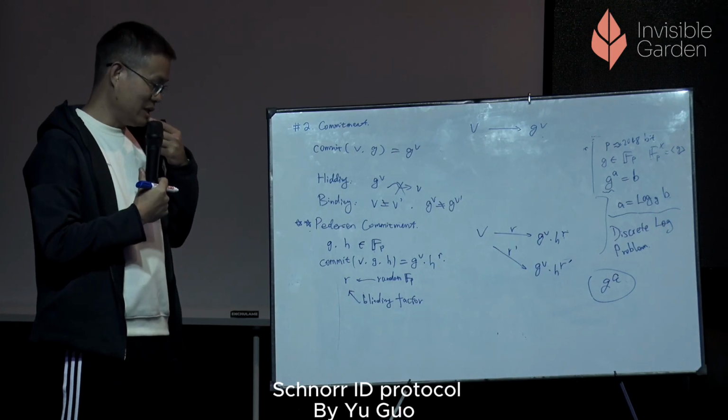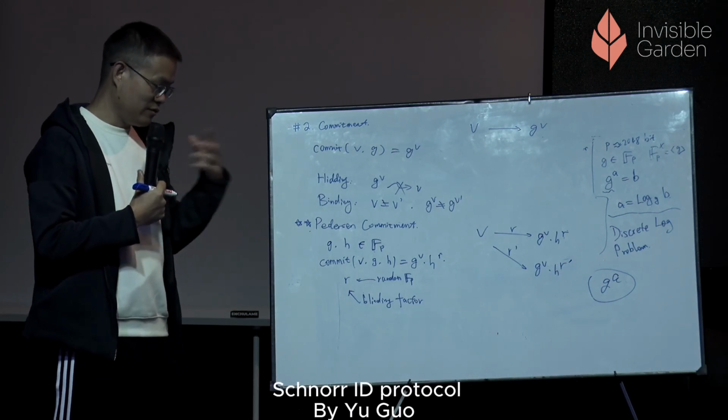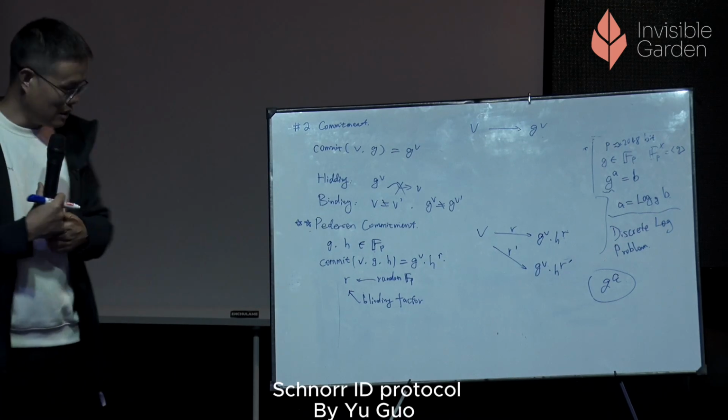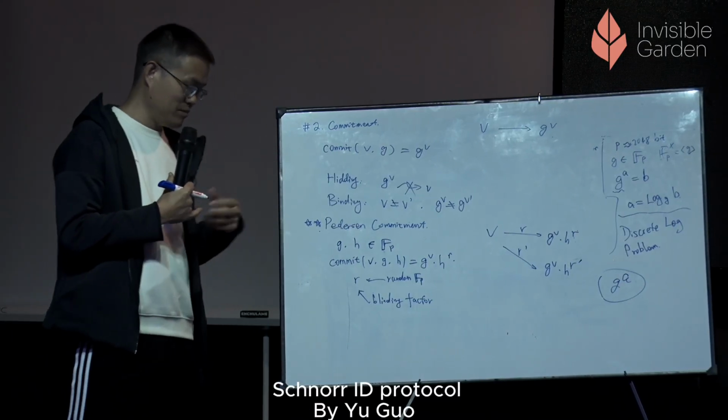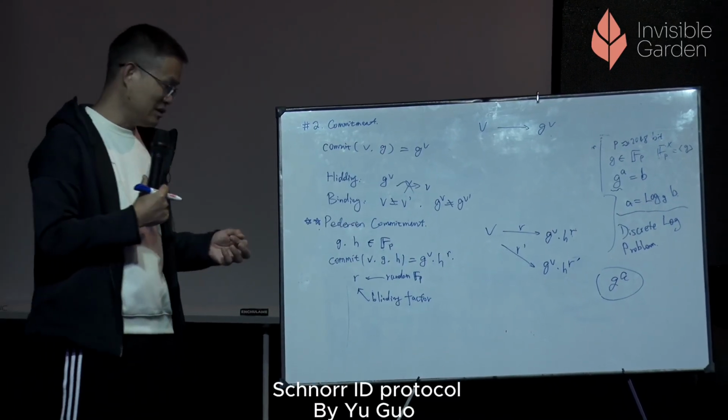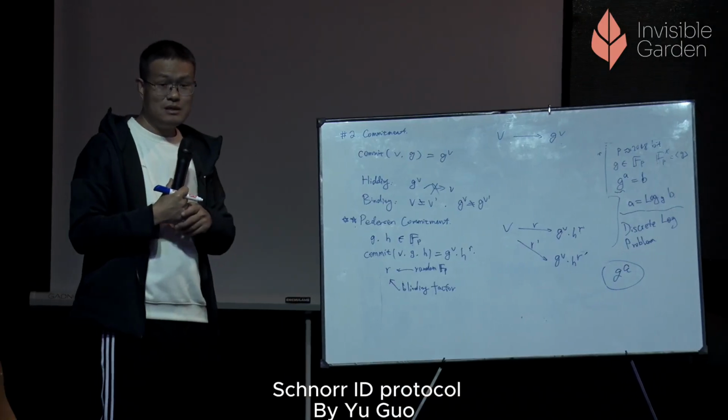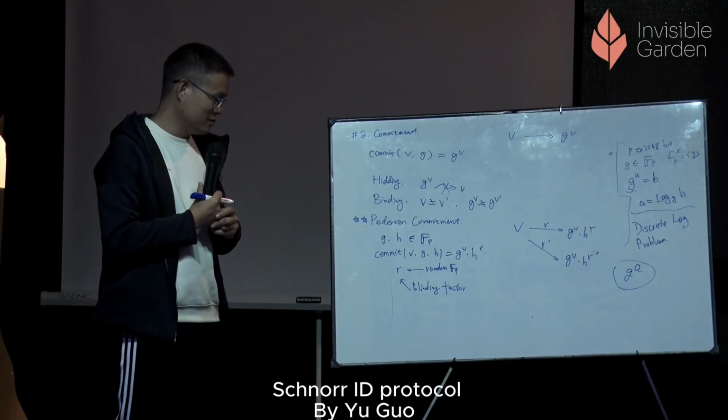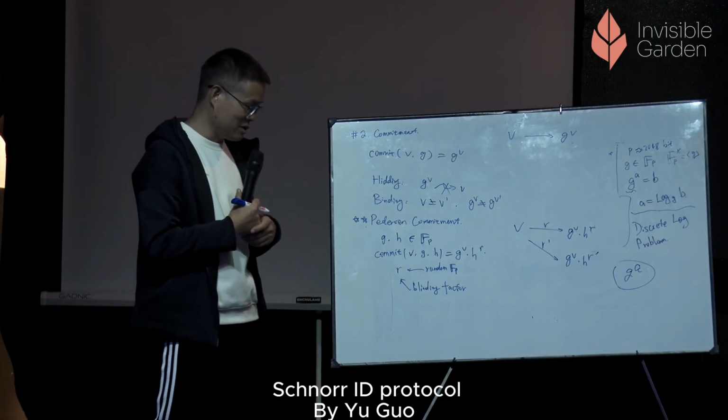It's because if you want to get the better ZK property, then we should use Pedersen commitment. I think by default, we should use Pedersen commitment.